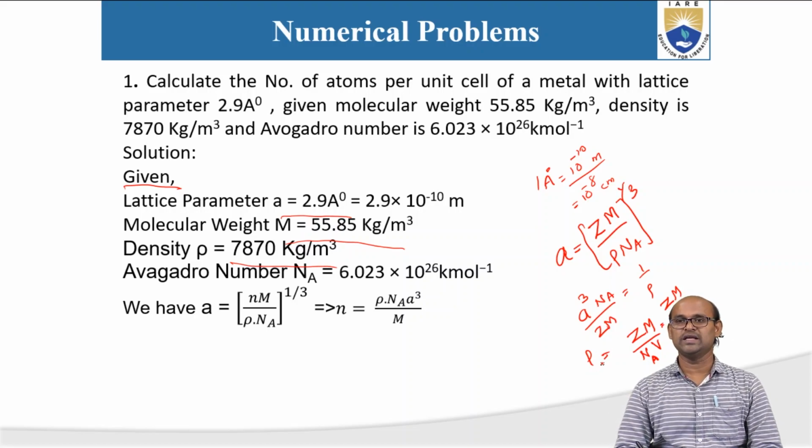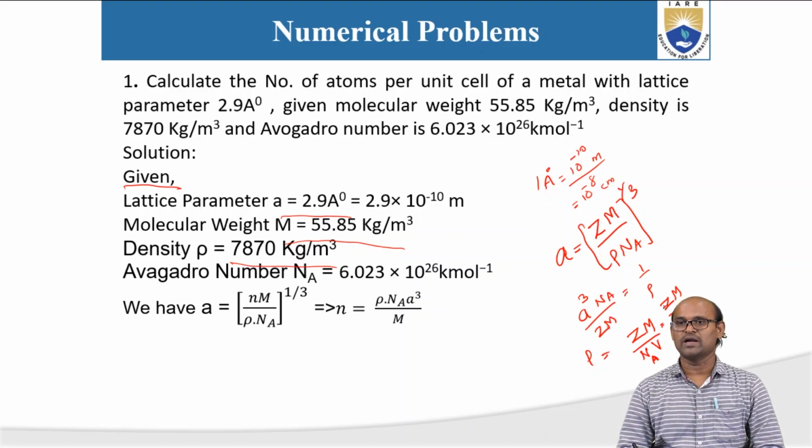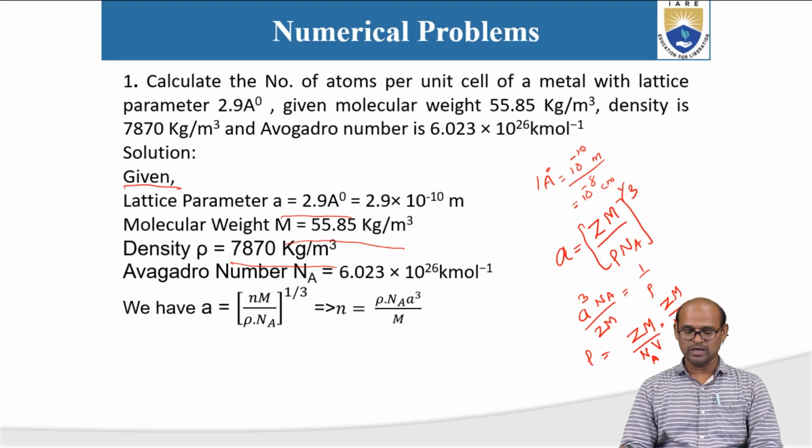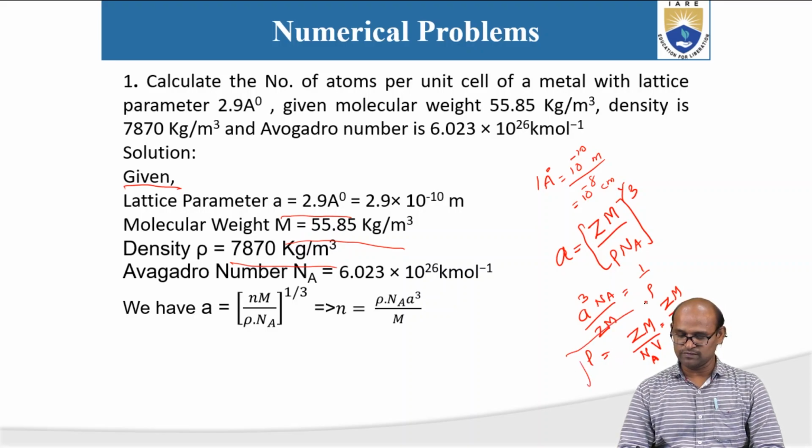This is density in terms of the number of atoms per unit cell, molecular weight, Avogadro number, and volume. This is A cube, not V cube. Using this density formula, we can write the lattice parameter A equal to Z M by rho into Na, power 1 by 3.